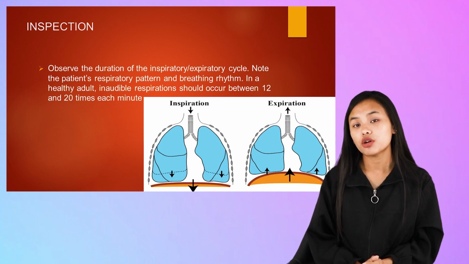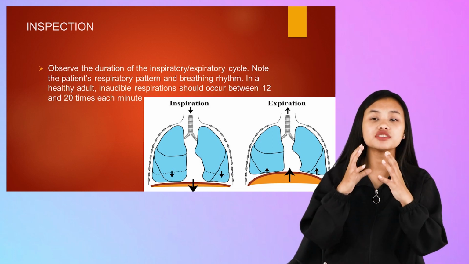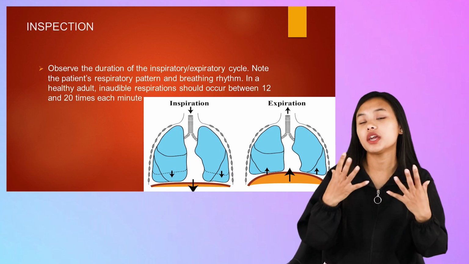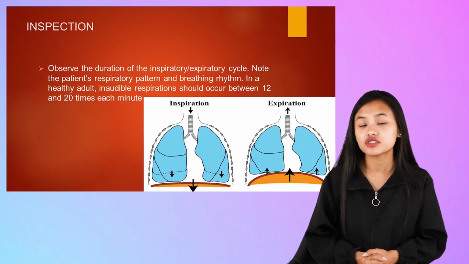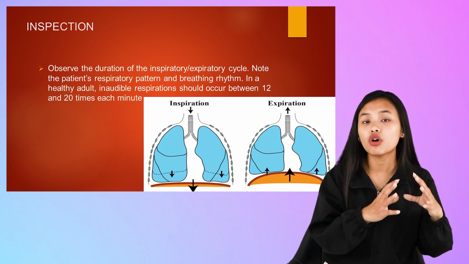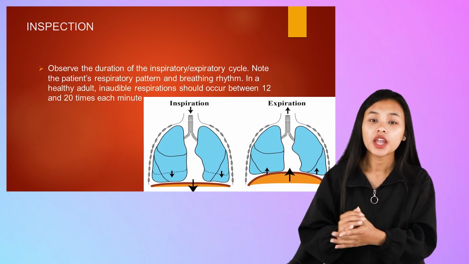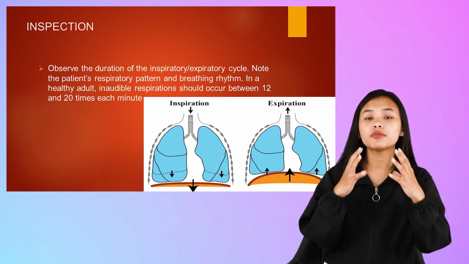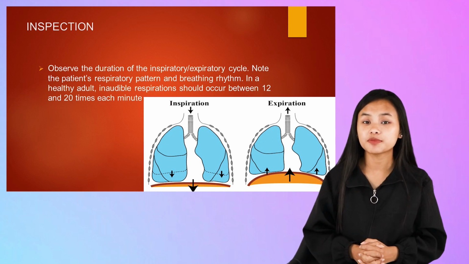When we are observing the duration of the inspiratory as well as the expiratory cycle, we will be able to make out if there is presence of prolonged inspiration or prolonged expiration. And if there is presence of prolonged expiration, then the client will be having difficulty in expelling the air.